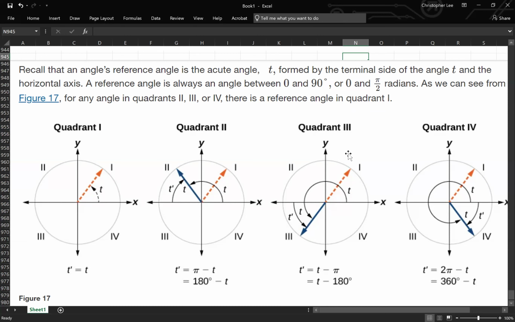As we can see from this figure, for any angle in quadrants 2, 3, or 4, there is a reference angle in quadrant 1.